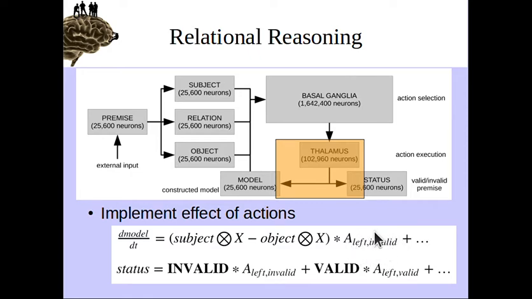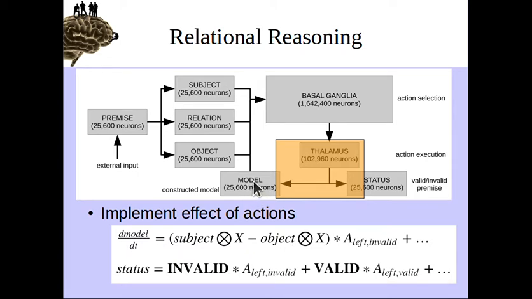If, for example, the action that I was told is a left of statement, but it was invalid. If this is a 1, then what I'm going to feed into this model, this thing that's computing the integral, is whatever was in subject convolved with the x location, whatever was an object convolved with the x location, and we're going to subtract the 2.